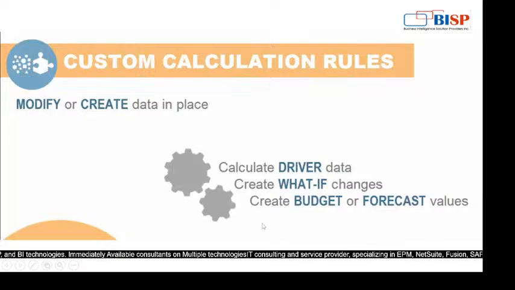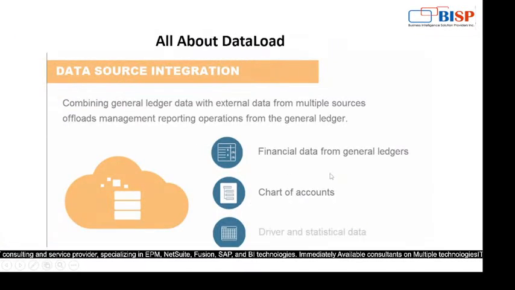Suppose I need to make some adjustments in the salary expenses, the overhead expenses, utilities, so many expenses we have. If I need to make any adjustment in between, I can prepare the custom calculation rules in the PCMCS application, and on the basis of that we can later prepare the budget or forecast values.